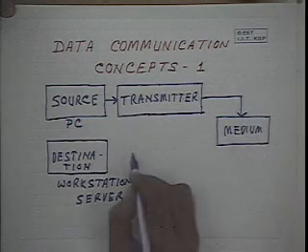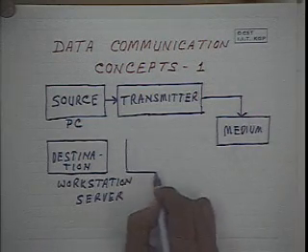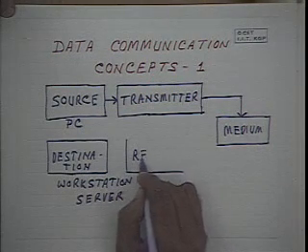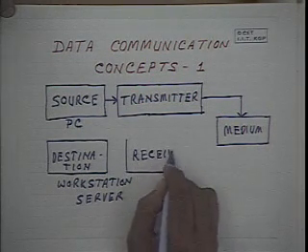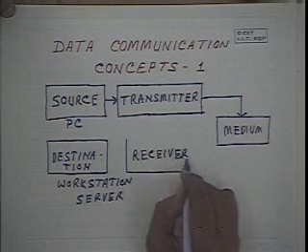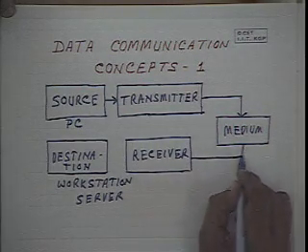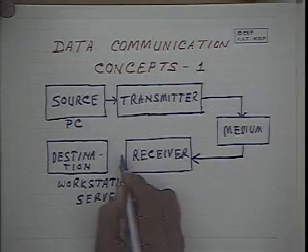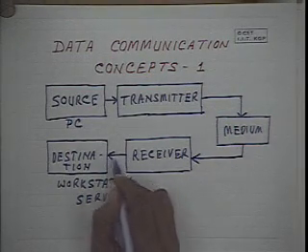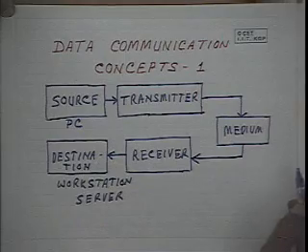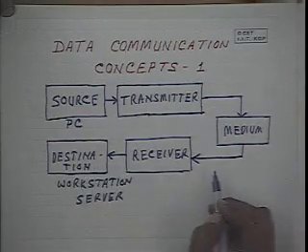And on the other side, there will be a receiver which will receive the signal from the medium and it will give the signal to the destination. So this is the overall system.